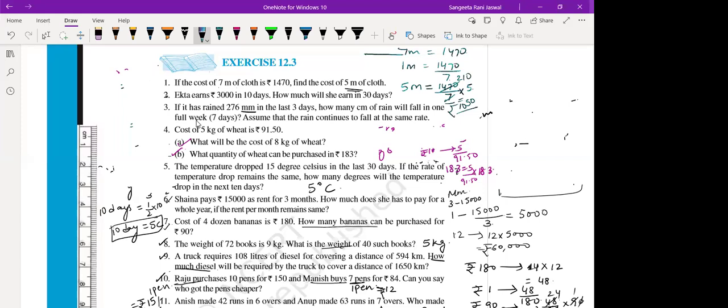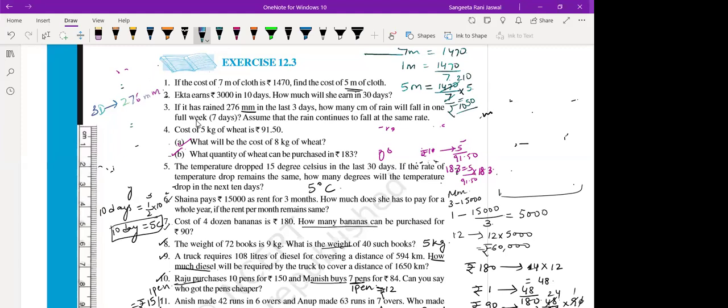Okay, so it has rained 276 millimeters in the last 3 days. How many centimeters of rain will fall in one full week? Now it is asked in centimeters.